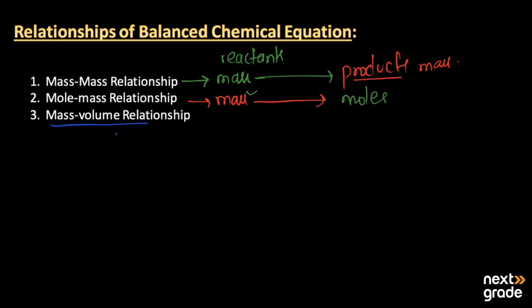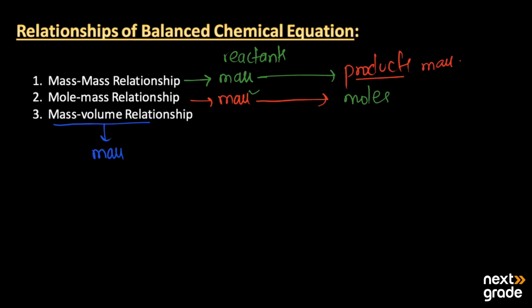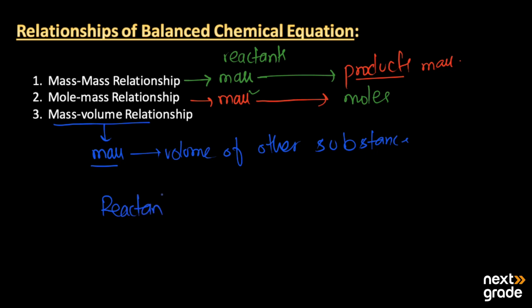If the mass of one substance is given, then we can find the volume of the other substance and vice versa. It means if the volume of any substance is given, then we can find its mass. All these are the relationships of the balanced chemical equation between the reactants and the products. So this is all about today's lecture.